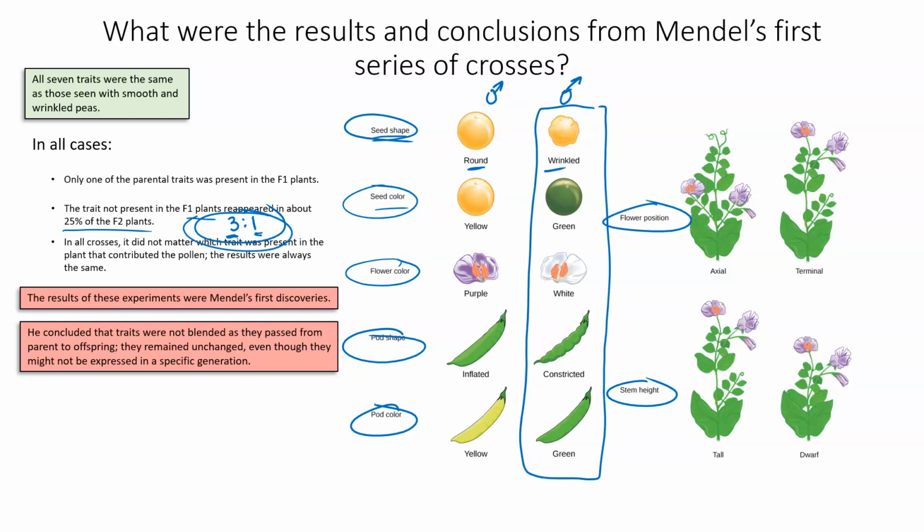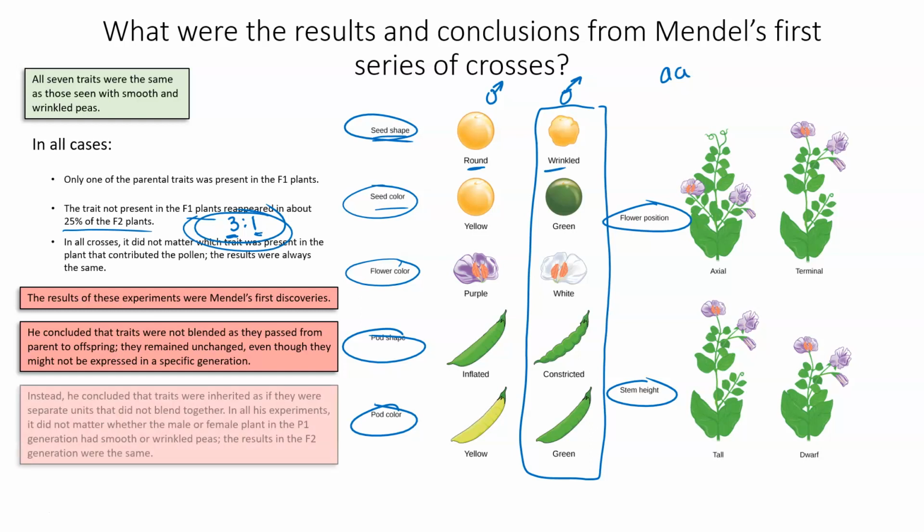They're always not expressed in the F1, but they always reappear in the F2, because in the F2 we have a 25% chance of our little or recessive alleles assorting out and being inherited together, which gives rise to the recessive trait. Okay?